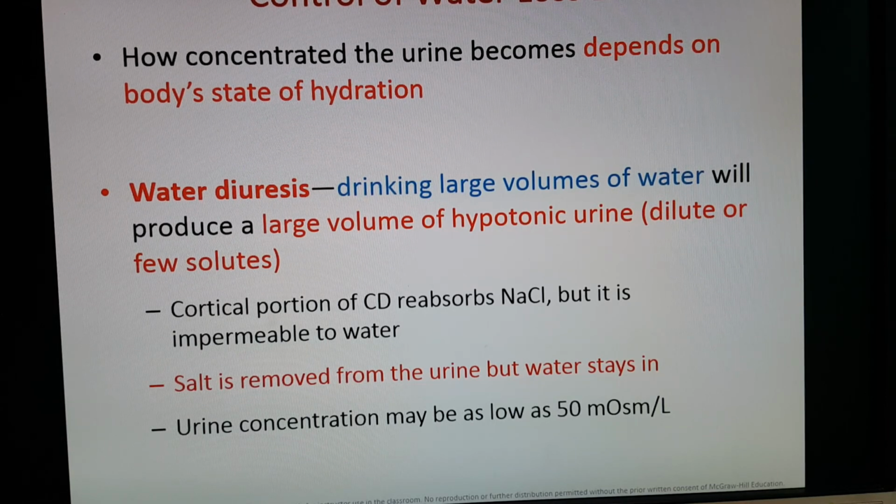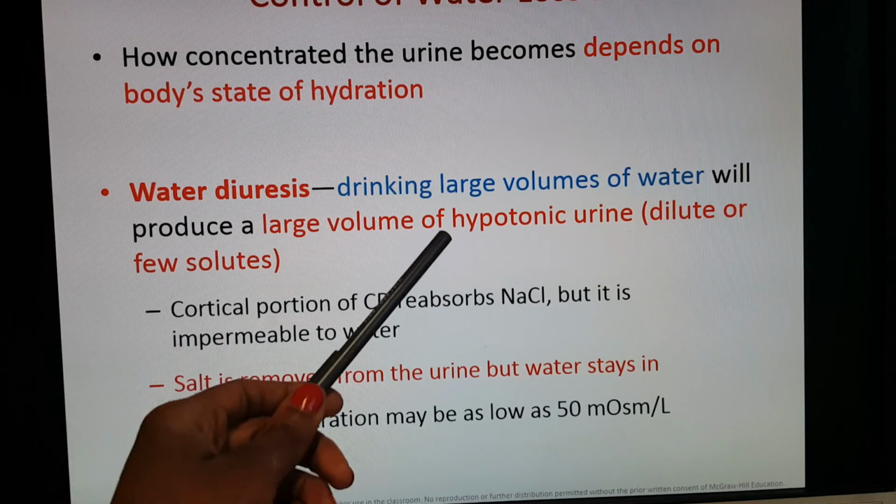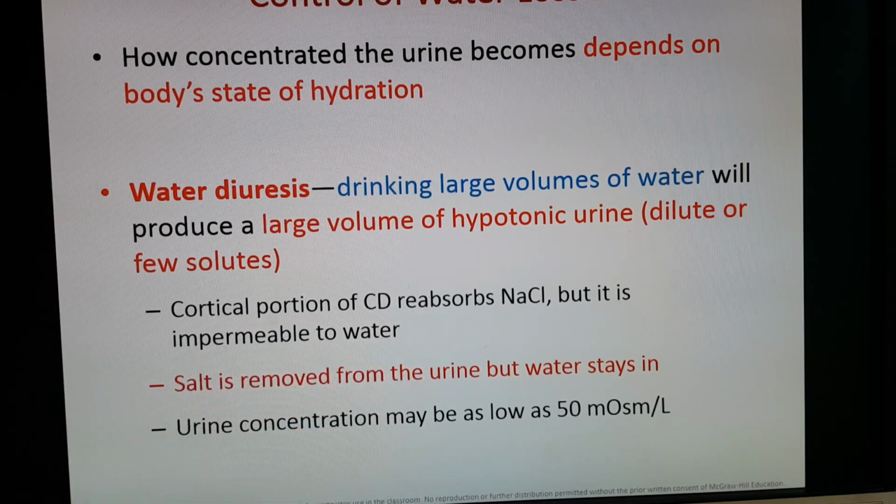Depending on how hydrated you are determines how much water is going to be reabsorbed from the collecting duct. For example, if you drink a bunch of water throughout the day, you end up having what's called hypotonic urine. There's not much in your urine because you have a lot of excess water that your body needs to get rid of.